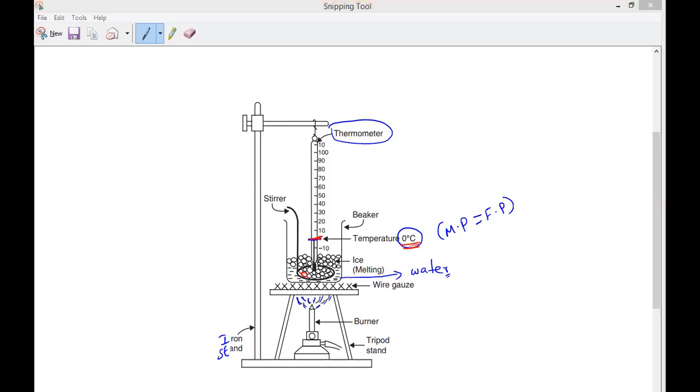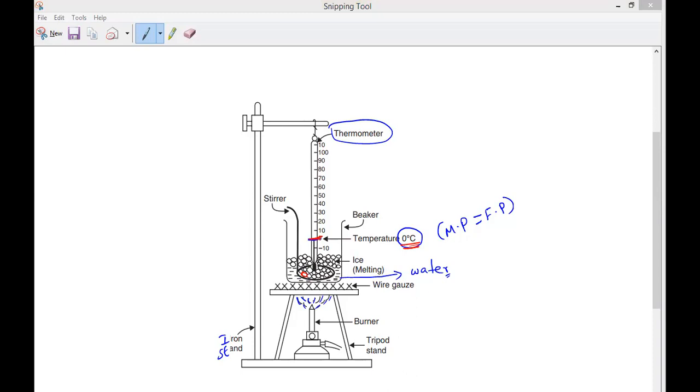Please try to communicate here. So as long as even a little of ice remains in the beaker, the temperature does not rise and remains constant at 0 degrees Celsius. This shows there is no rise in temperature during the melting of ice.